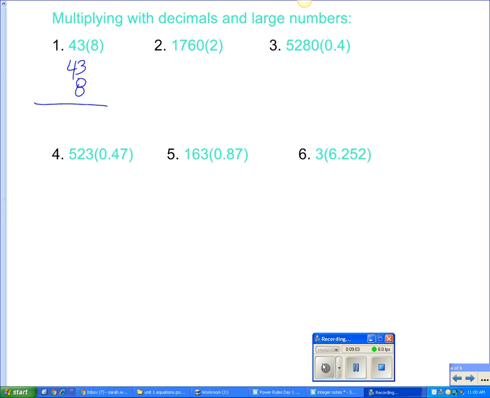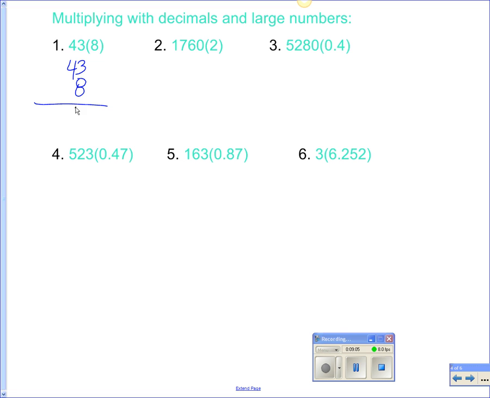Anybody? 3 times 8. So I'll put a 4 here and a 2 here. 4 times 8. Anybody? 32, but don't forget to add your 2 up here. So what's 32 plus 2? 34. So your answer is 344. Okay.